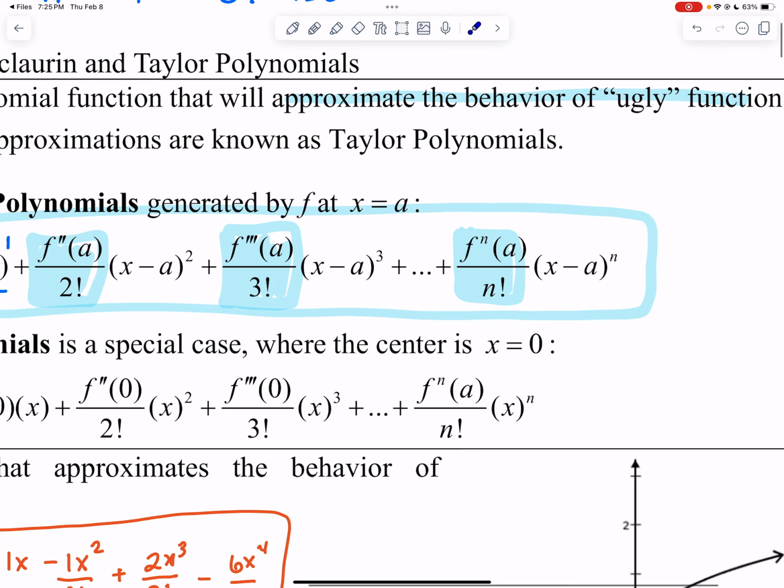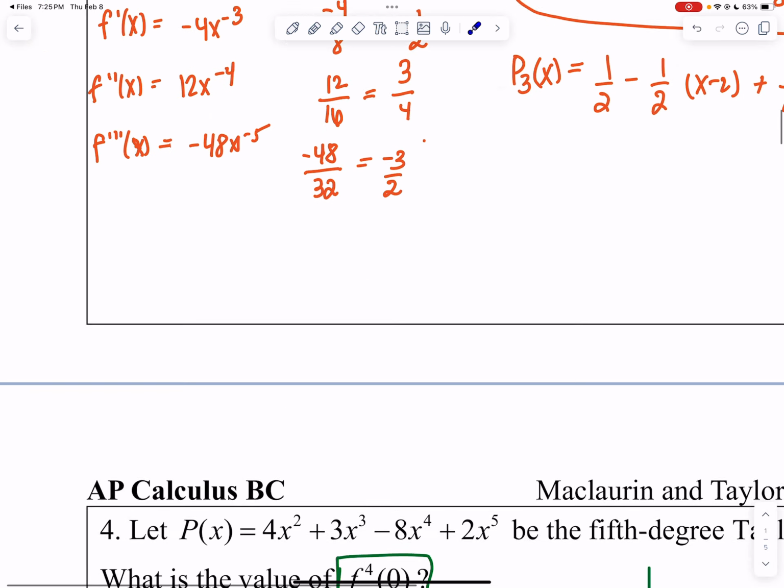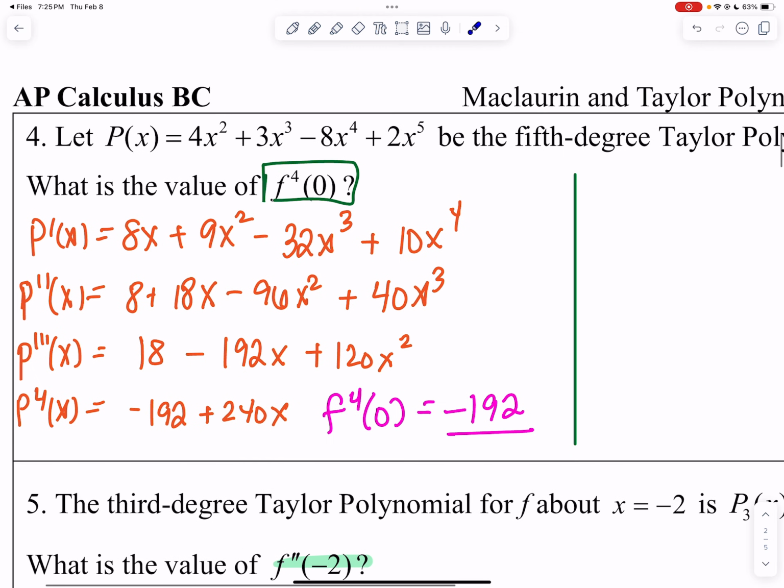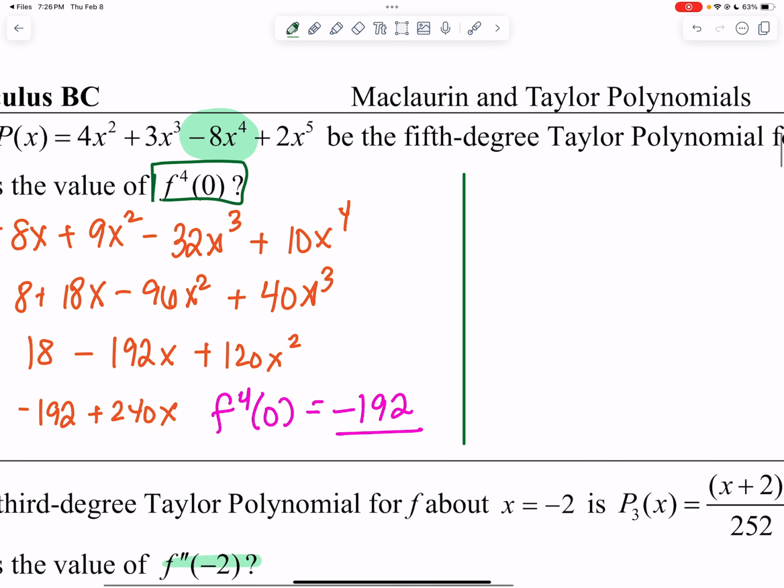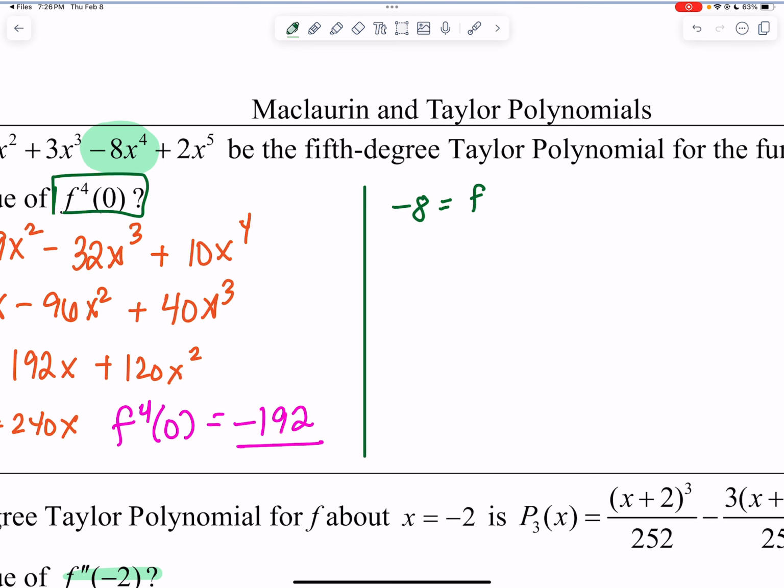Now, this right here is going to be my fourth degree exponent. So I'm going to find my fourth degree exponent. In this case, my coefficient of my fourth degree exponent has a -8. So this means that I have a coefficient of -8. And this -8 has to be equal to the fourth derivative at 0 over 4 factorial.